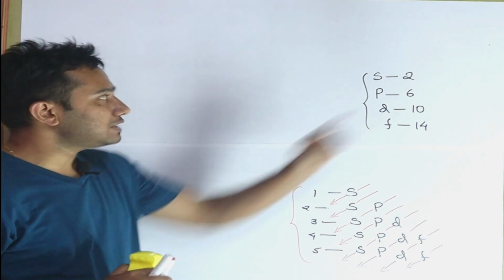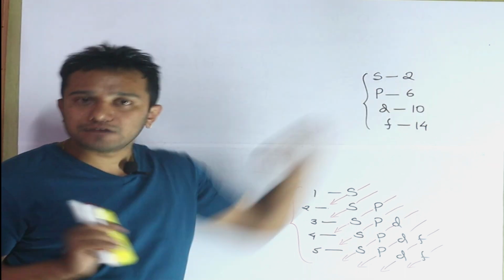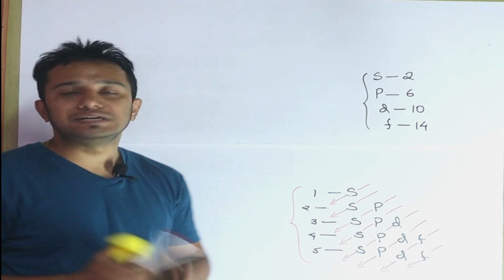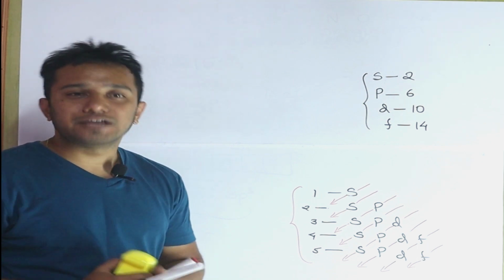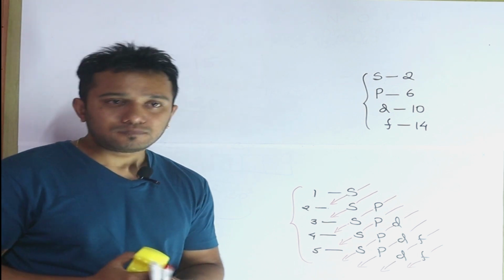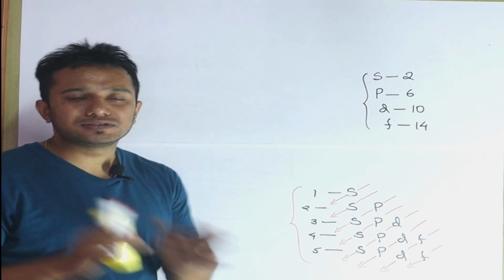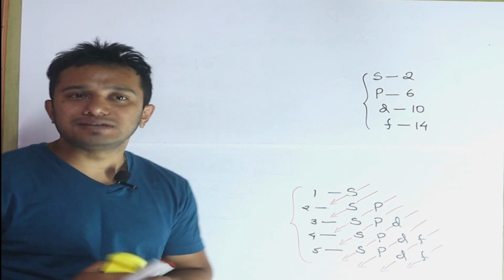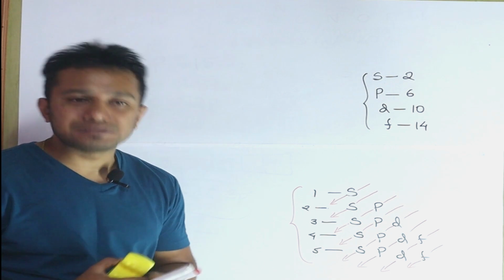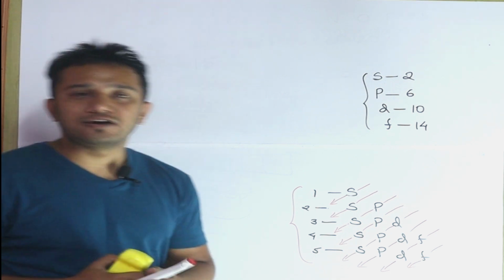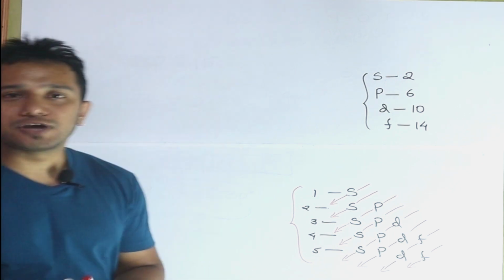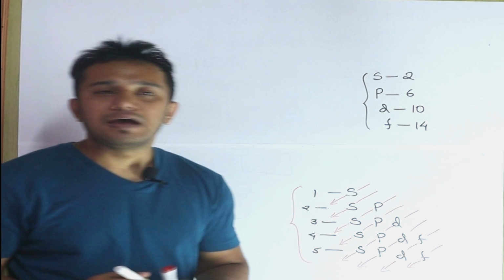You're also supposed to know that in s orbitals we can accommodate 2 electrons, in p orbitals 6 electrons, in d orbitals 10 electrons, and in f orbitals 14 electrons. So starting from atomic number 1, we will start filling up the electrons.